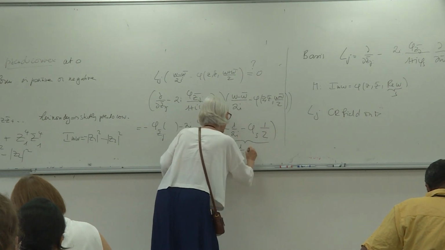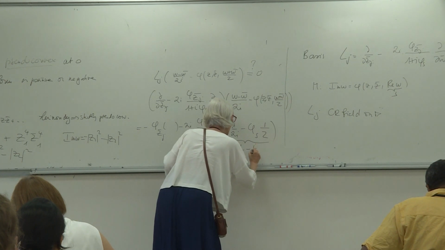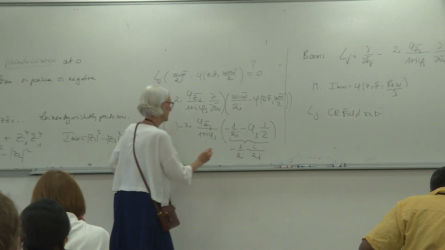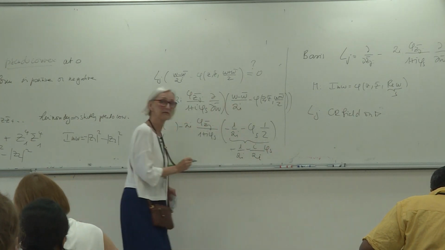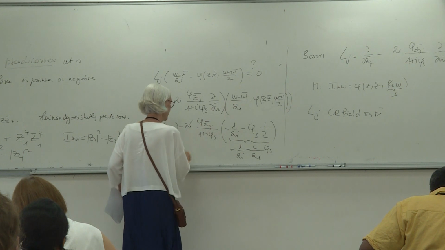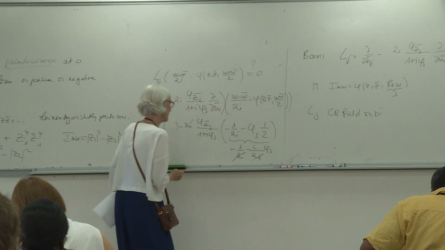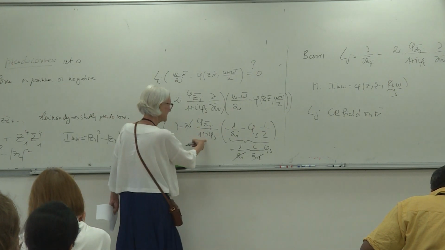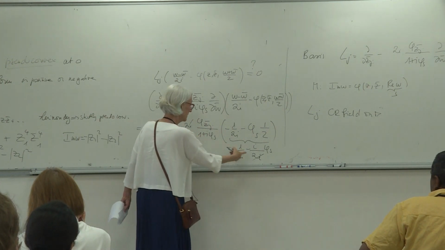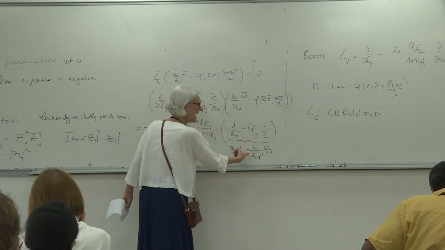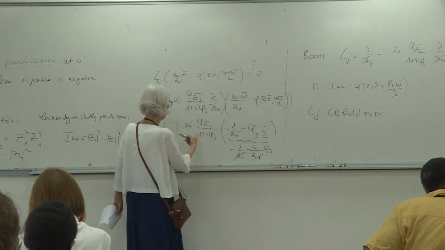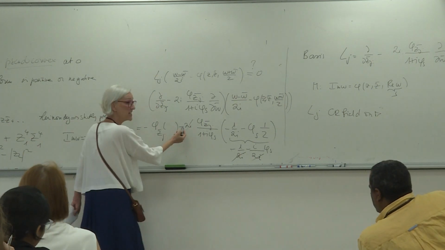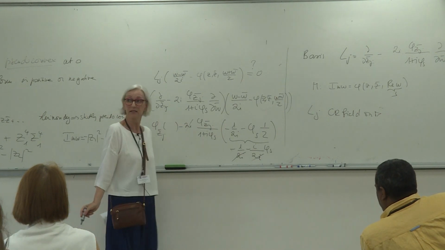If I multiply by i, it's minus i over 2i. Is it correct? Phi s. Yes. And now this 2i doesn't exist anymore. And now it's going to cancel. This is upstairs, this is downstairs. There is a minus. Minus, minus, plus. And I have a minus here, and that's it.